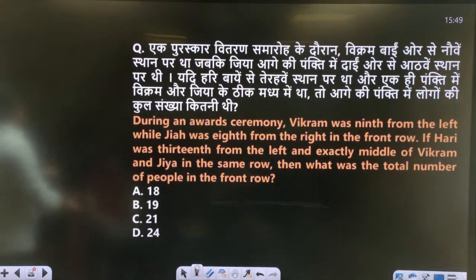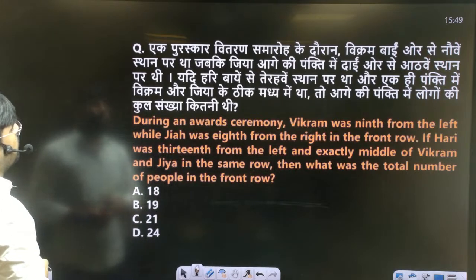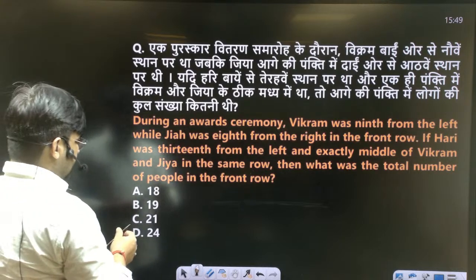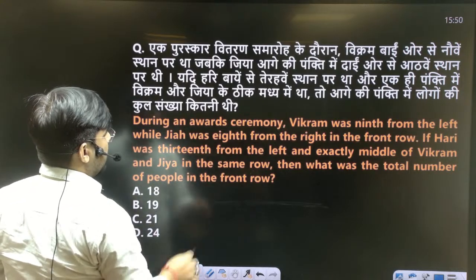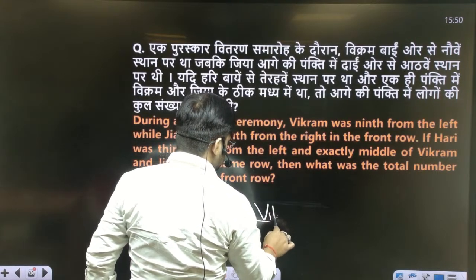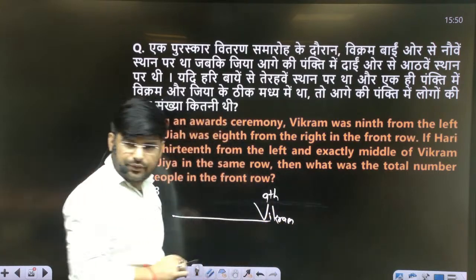Is it clear? During an award ceremony, Bikram was 9th from the left and Jia was 8th from the right in the front row. If Hari was 13th from the left.